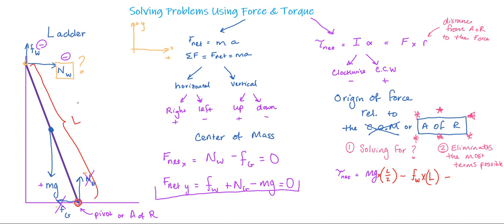Okay, minus the normal force from the wall, which is also acting at L distance from the rotation. That all sums to 0 because it's not rotating, right? It's all at equilibrium. So now I have this system set up where I have mg cross L over 2 minus force of friction from the wall cross L minus normal force from the wall cross L.